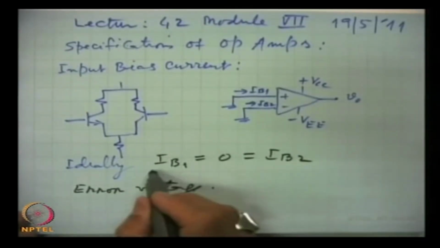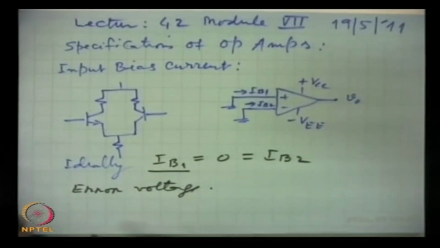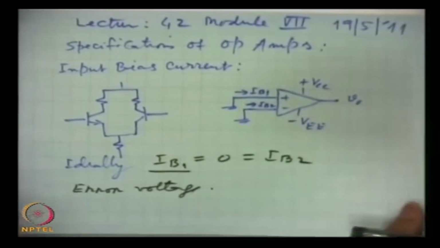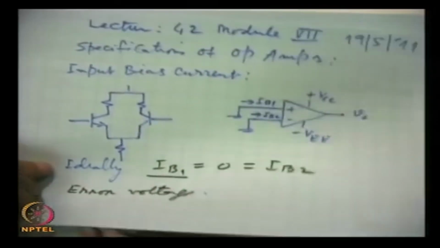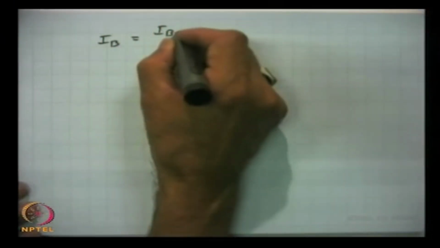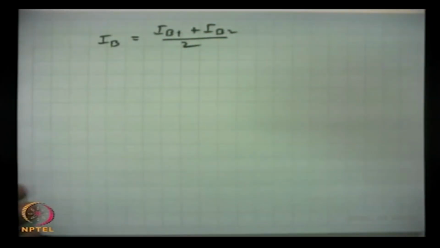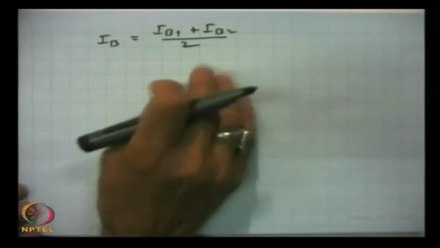And the smaller these currents IB1 and IB2, the better it is. The manufacturers define the input bias current as the average current IB, as IB1 plus IB2 by 2, and this is specified for various op amps.